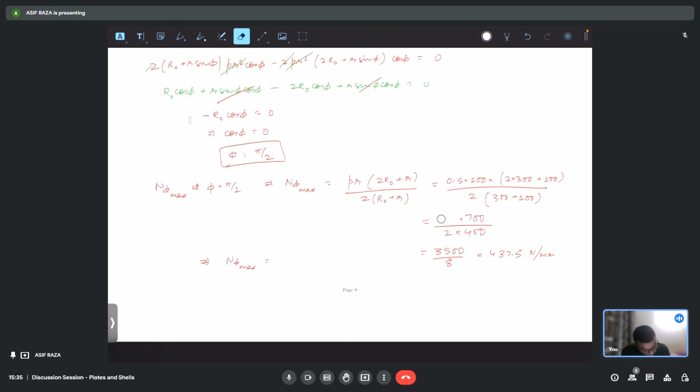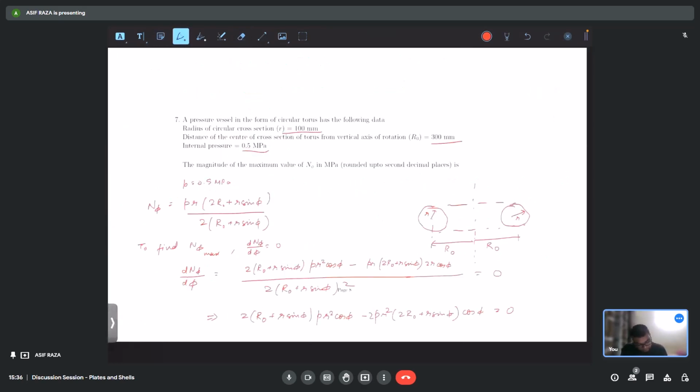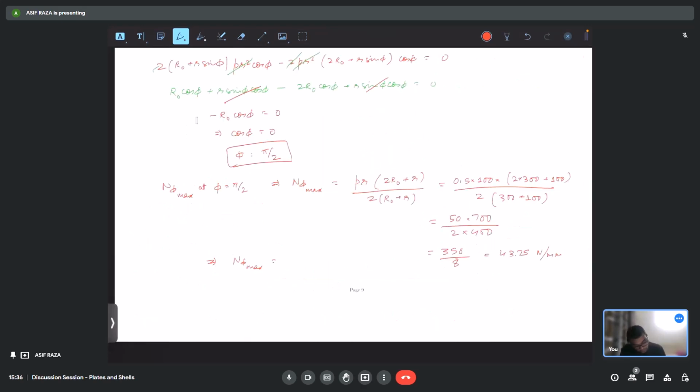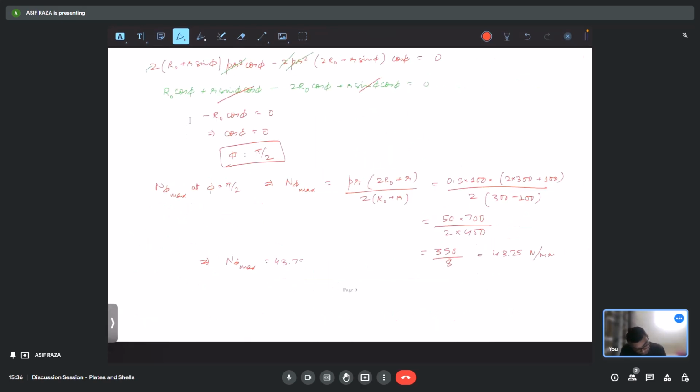Okay, this is equal to 50 by 2, so this is equal to 43.75 to the second decimal place, so this is fine.